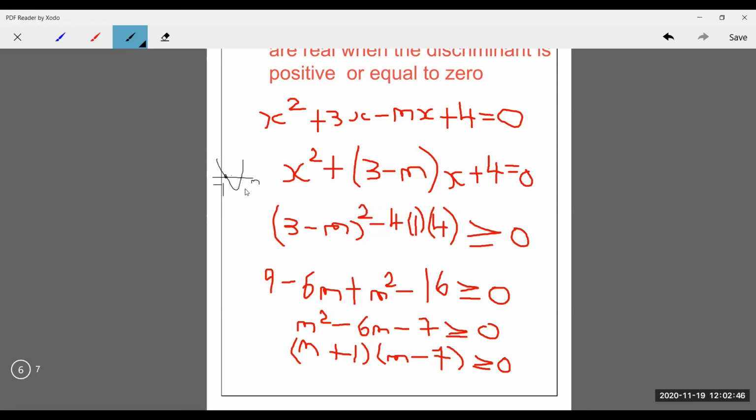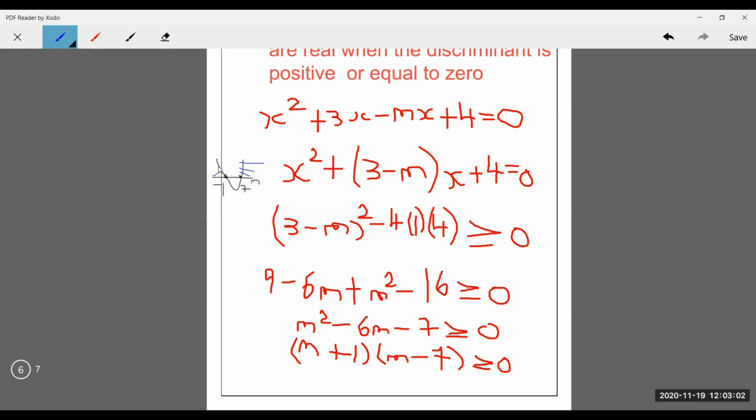Now, all I'm saying is that they want the solution for when this quadratic inequality is greater than or equal to 0. So they want these portions of the graph.